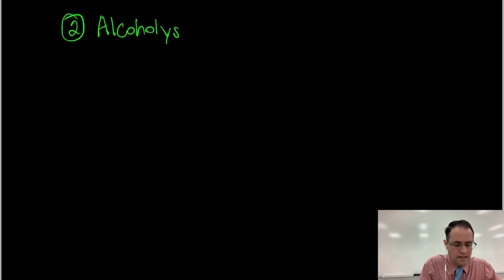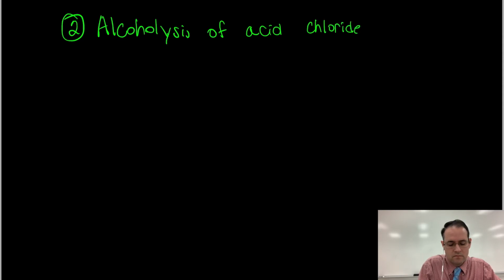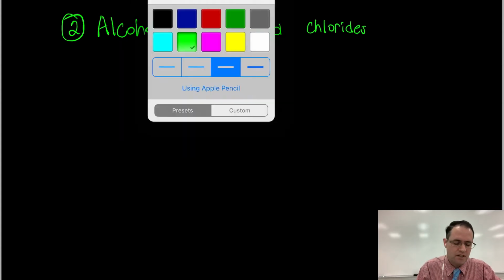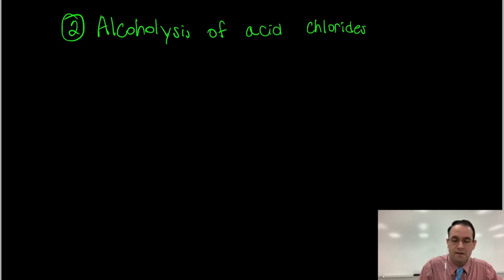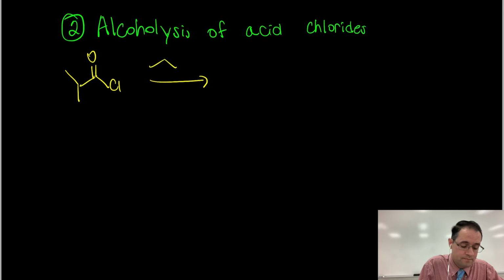Reaction number 2. Alcoholysis of acid chlorides. Okay. Please don't get confused by the pyridine. It's just in there as part of the reaction mixture. So if we've got an acid chloride, and we treat this with ethanol, and we'll add pyridine there.